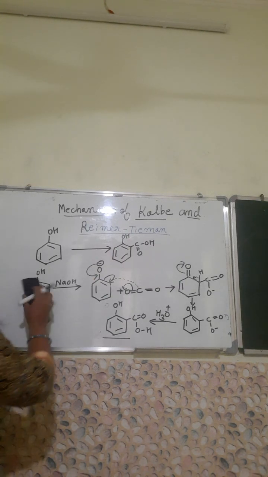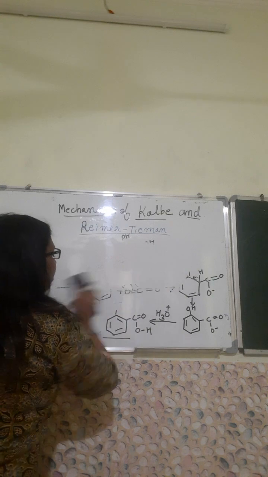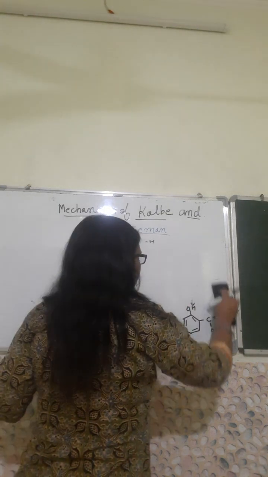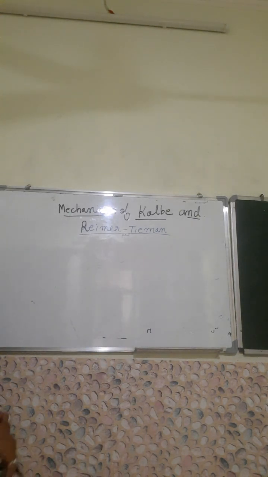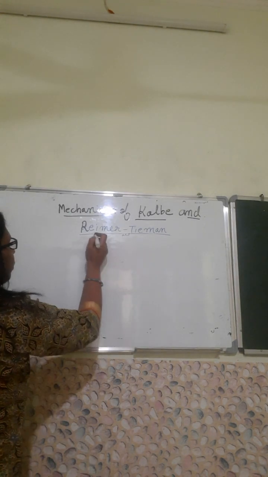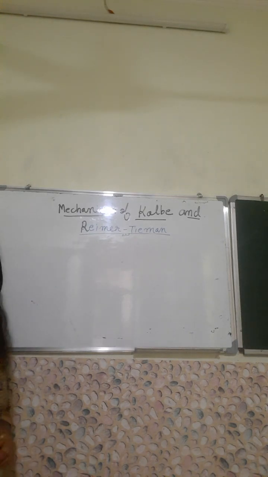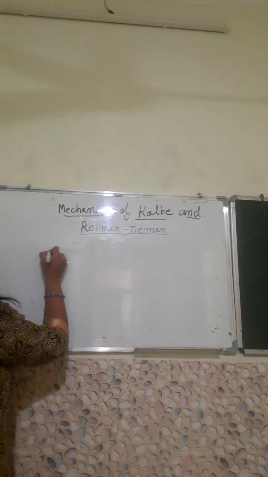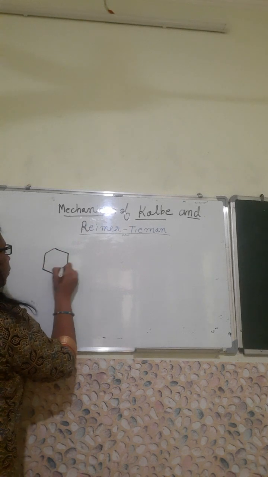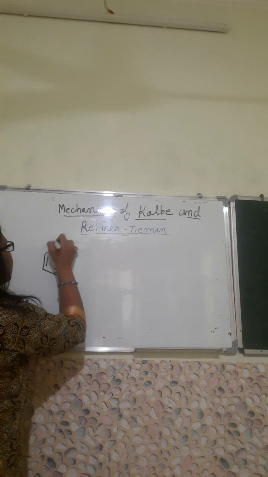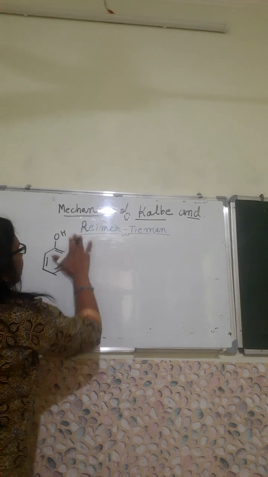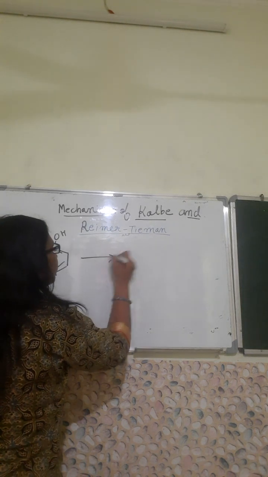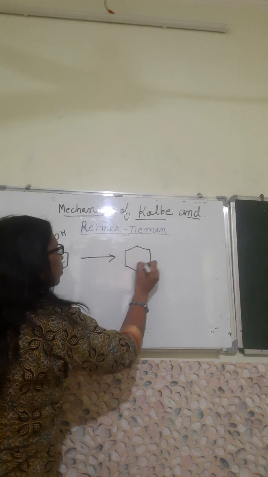Now I explain the mechanism of Reimer-Tiemann reaction. I have explained the reaction in an earlier video. You know, in the Reimer-Tiemann reaction, phenol changes into salicylaldehyde in the presence of chloroform.